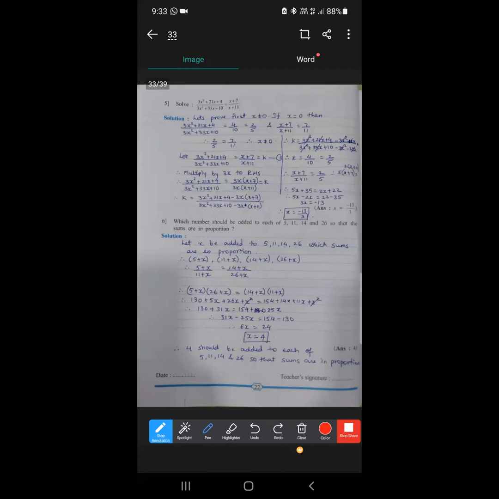They are in proportion means 5 is to 11 equal to 14 is to 26. So 5 is to 11 means 5 upon 11 equal to 14 upon 26. And the number which we have added is x. So (5 plus x) upon (11 plus x) is equal to (14 plus x) upon (26 plus x).